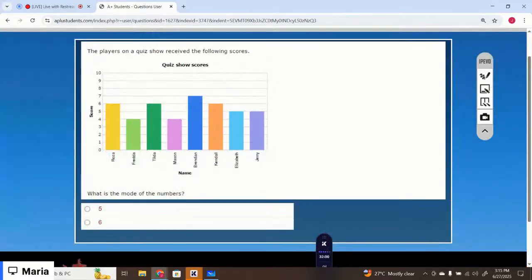The players on a quiz show received the following scores. What is the mode of the numbers? Mode is the number that appears the most in the data.